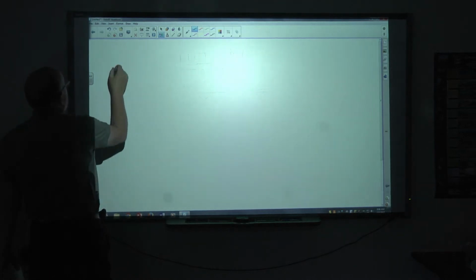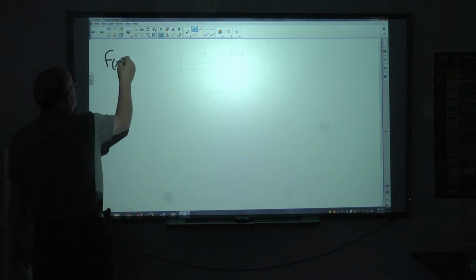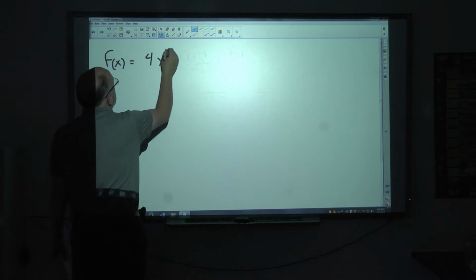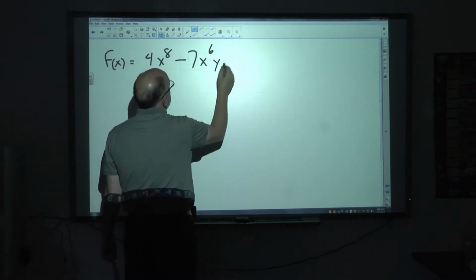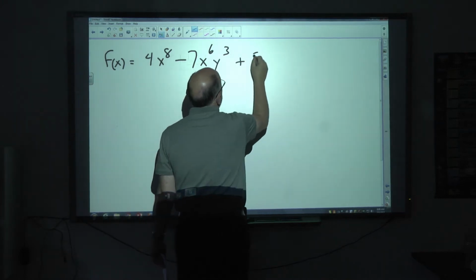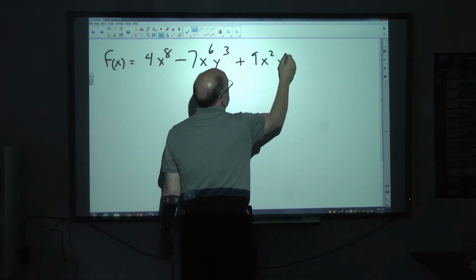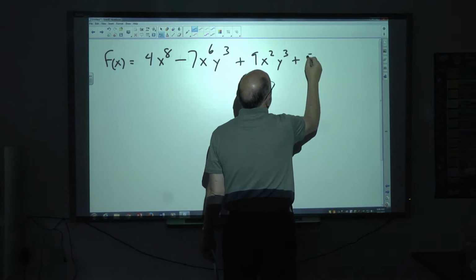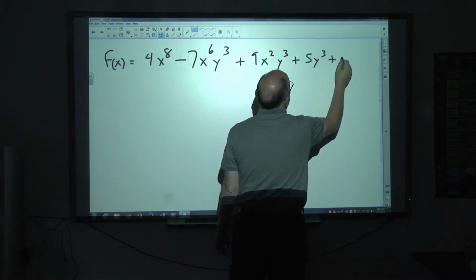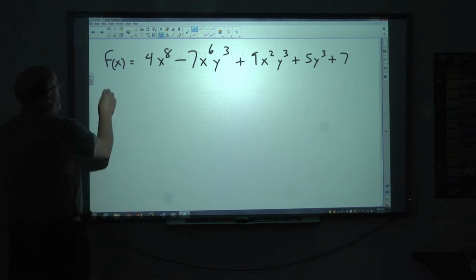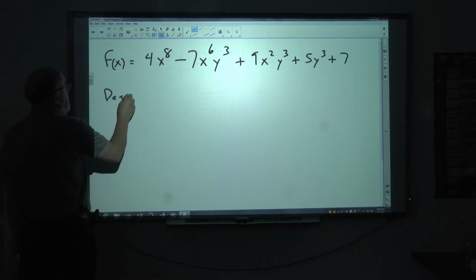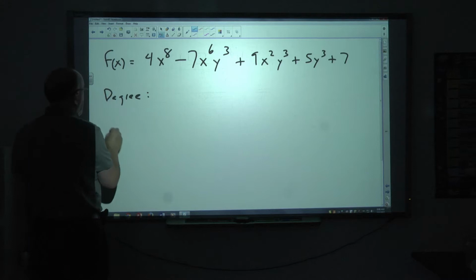Another example would be one that looks like this. Again, we have a polynomial, and we want to know the degree and the leading coefficient.